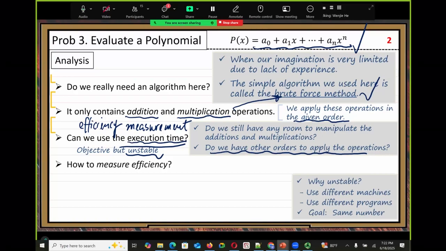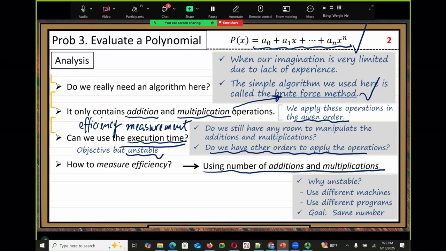So how to measure efficiency in a stable way? Here, the best way is to use the number of additions and the number of multiplications. We count those numbers.